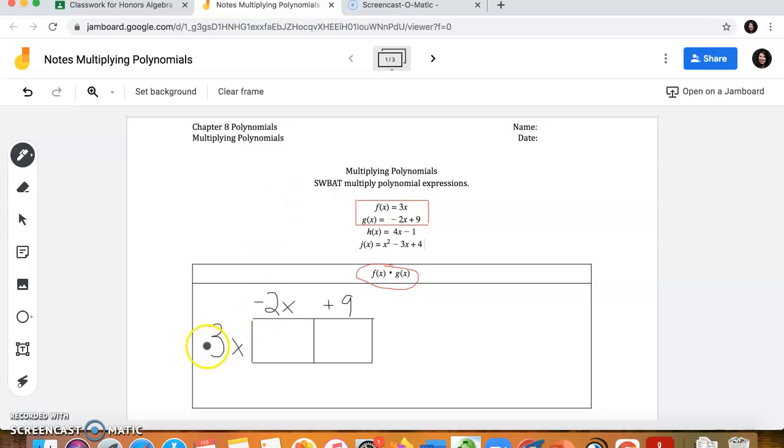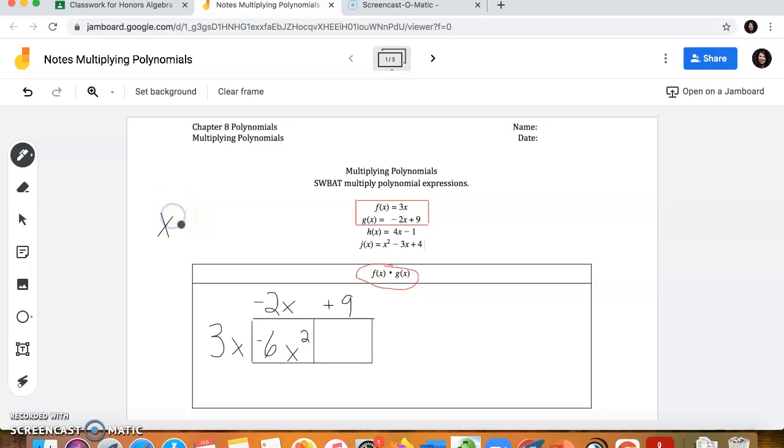We're going to multiply 3 times negative 2, which is negative 6. Then we're going to deal with the variables. Now we have two x's, so it's going to be x squared. You count the variables, and that's how many exponents you're going to have. If you don't remember how to do this, we learned this a few weeks ago.